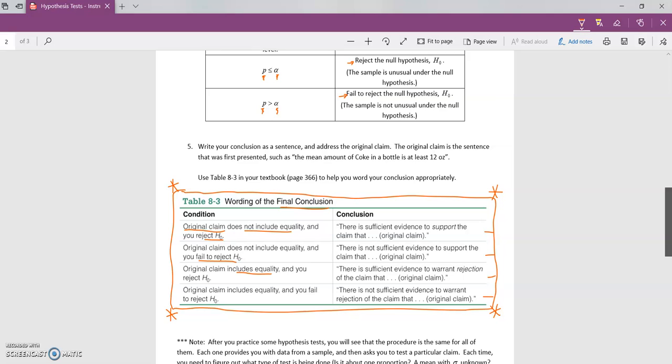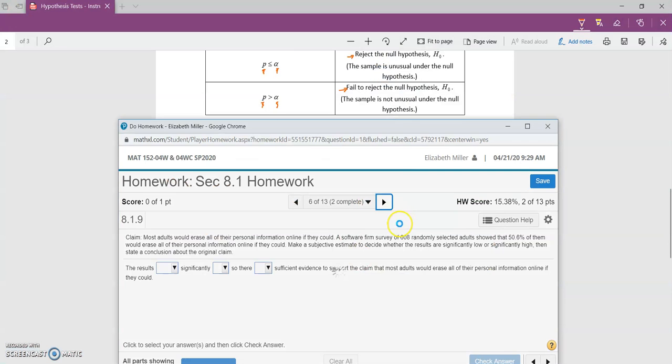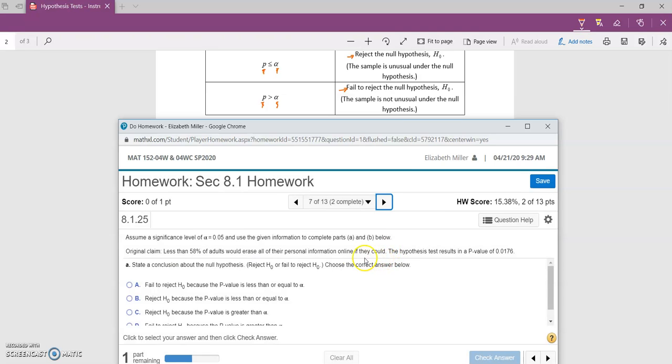So let's look at one more example. It says, for this one, assume a significance level of 0.05 and use the given information. Their claim is that less than 58% of adults would erase all their personal information online if they could.